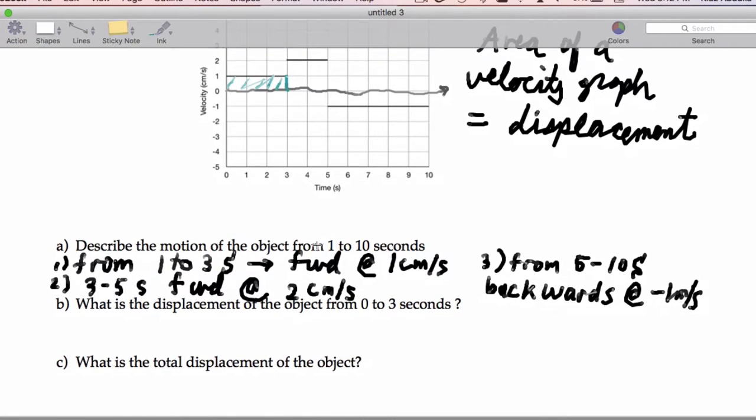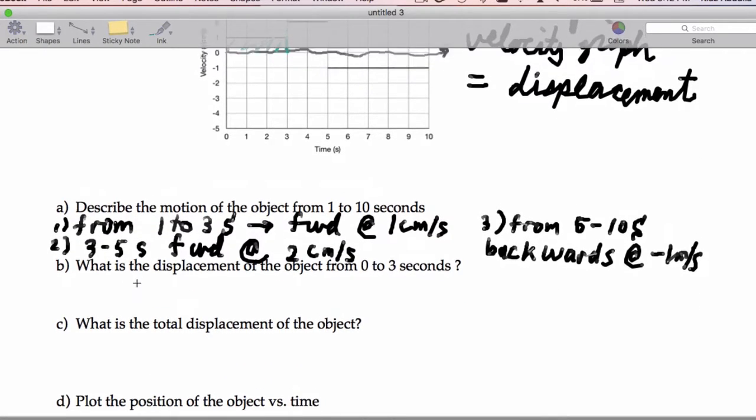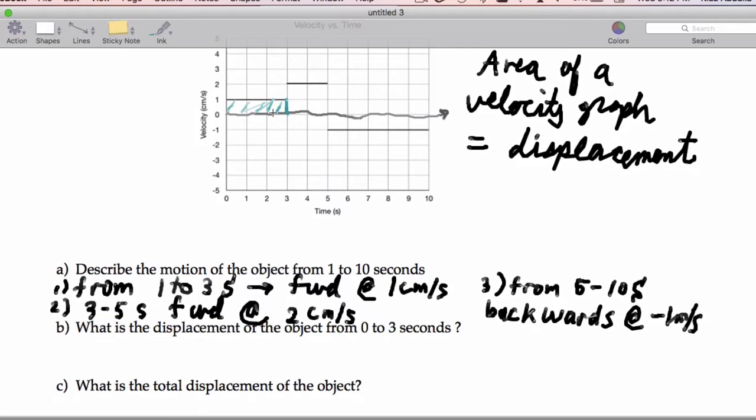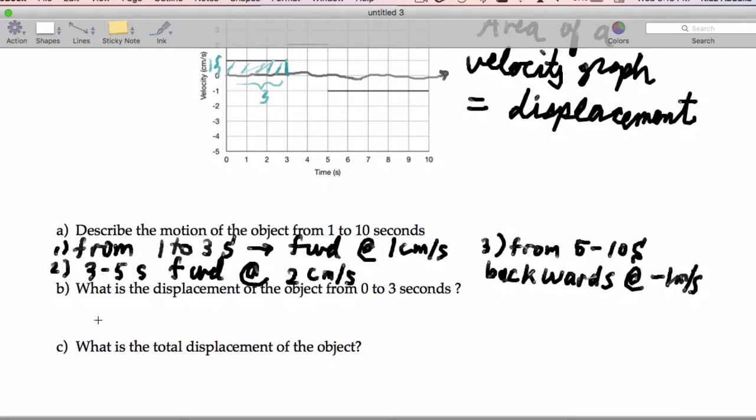Okay? So from 0 to 3 seconds, this is 3, that's 1. And using the rectangle formula, the area is the length times the width. And that's going to be 1 times 3, which is going to be 3 centimeters.